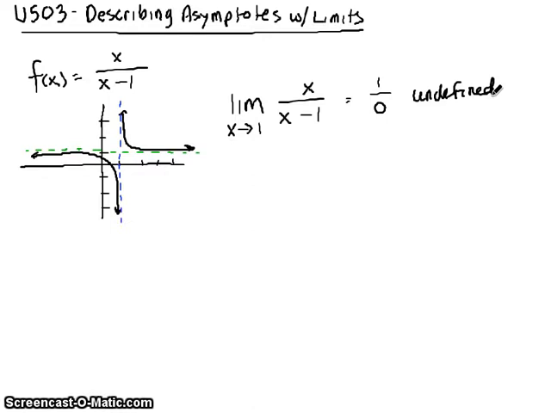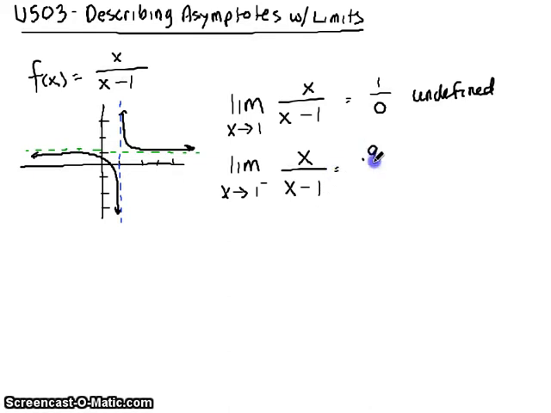Now, how we are going to know that we have a vertical asymptote there without looking at the graph is we're going to inspect the limit from the left-hand side and from the right-hand side. So if we think about the limit from the left-hand side, that means we want to take numbers that are getting very, very close to 1, but just to the left of it. So if we were to pick 0.999, that is very, very close to 1 on the left-hand side of 1.